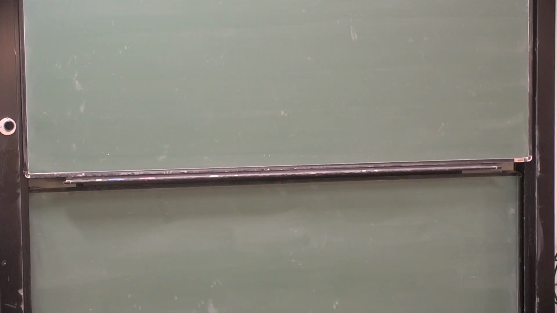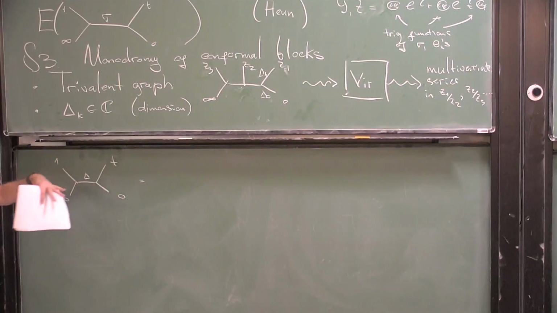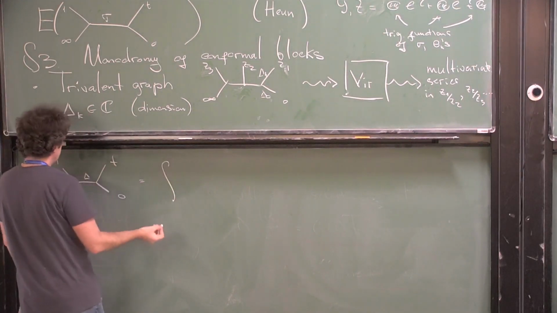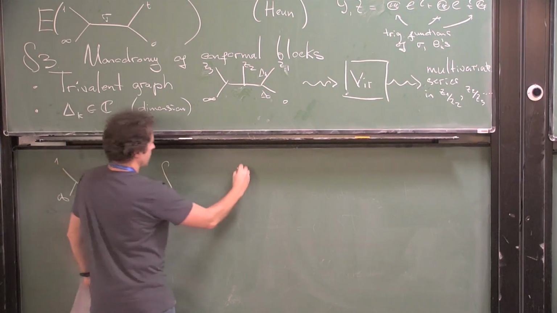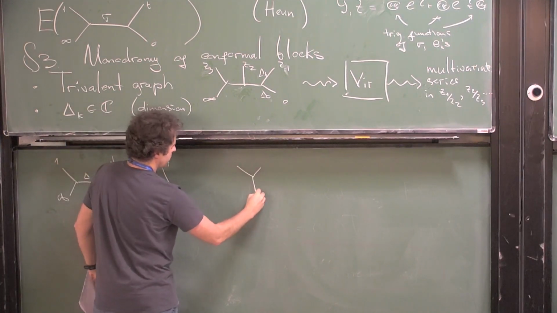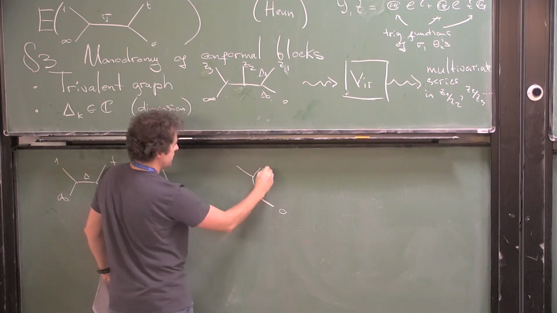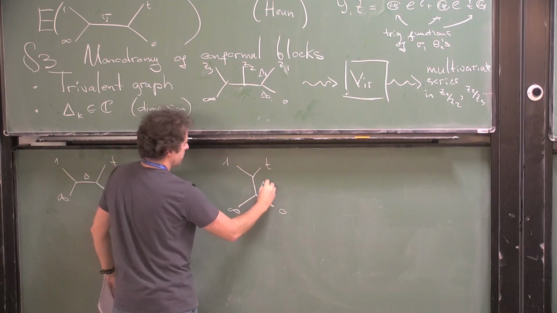So this conformal block, which is basically a series in t variable, can be written in terms of conformal blocks of this form here, with infinity, t, 1, delta prime.